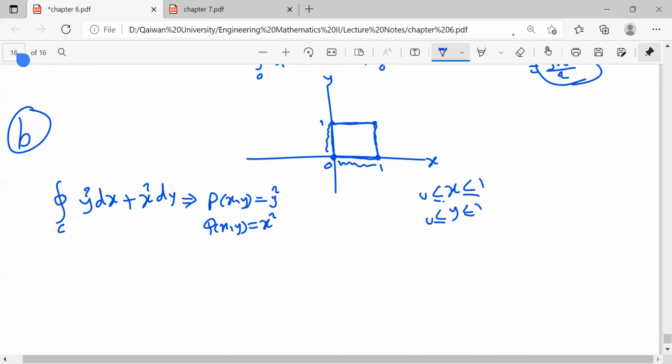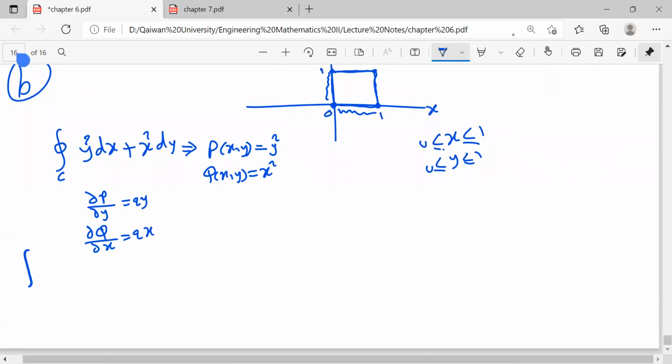And here partial p by partial y equals 2y, and partial q by partial x equals 2x. So the line integral over the closed curve C of y squared dx plus x squared dy equals the double integration over the region R for partial q by partial x minus partial p by partial y dA.